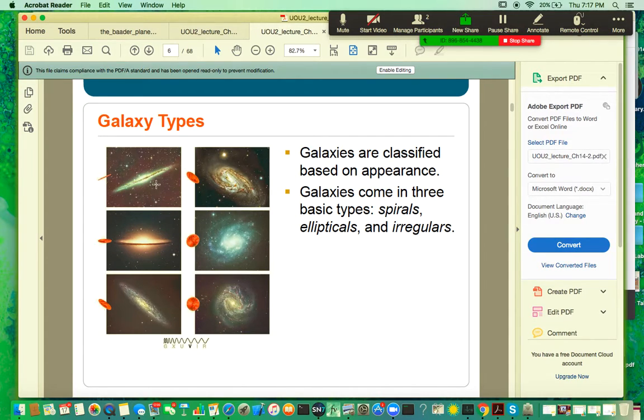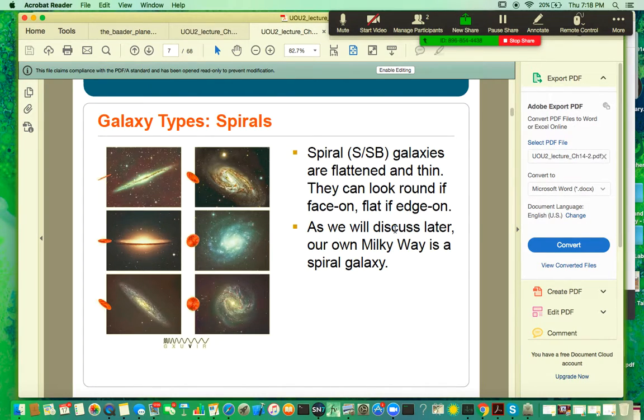If these two were the same kind of galaxy, on the right-hand side you are looking pole on, from the top down, and on the left-hand side you're looking across the galactic disk. Galaxies appear out there in three basic shapes: spiral, elliptical, and irregular.